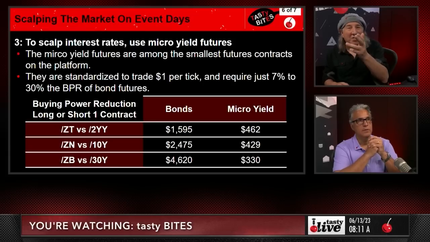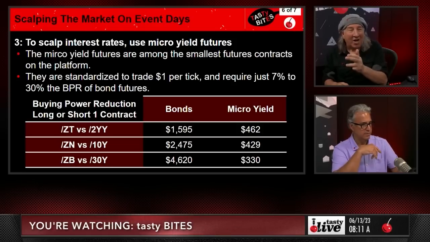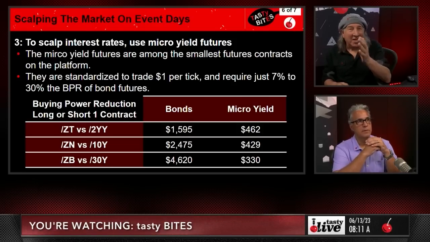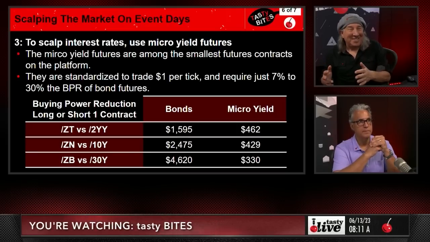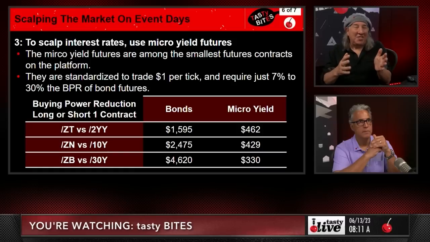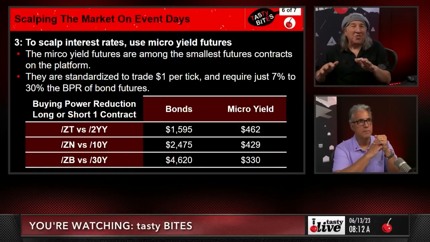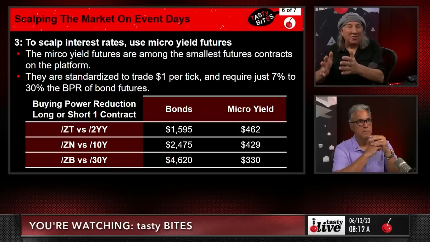If I was doing the 2YY and the 10Y in the yield case, I would be short the 2YY, long the 10Y. So it's the opposite. But I'm only doing it 1-to-1 in that case. If you're long ZT, you're betting on the 2-year yields going down, so you would buy ZT or sell 2YY.